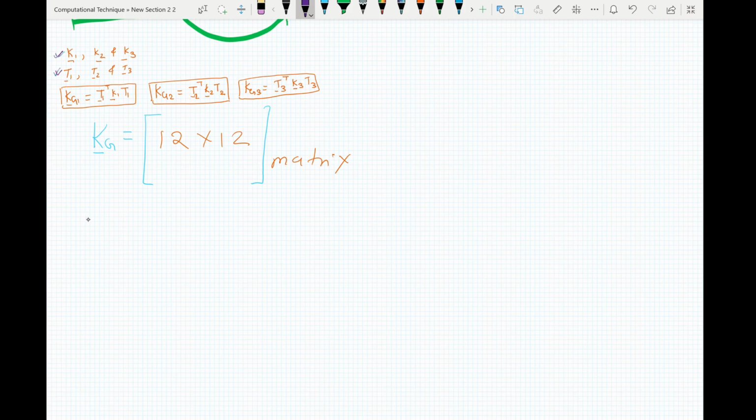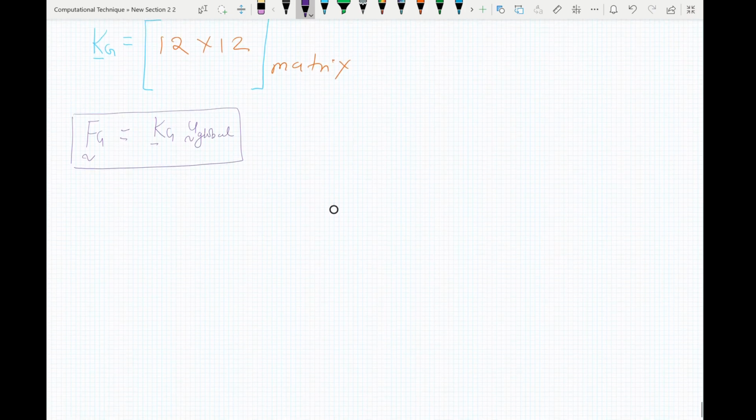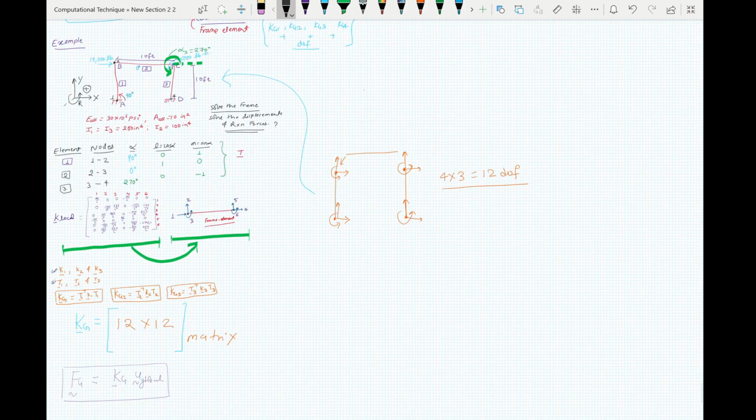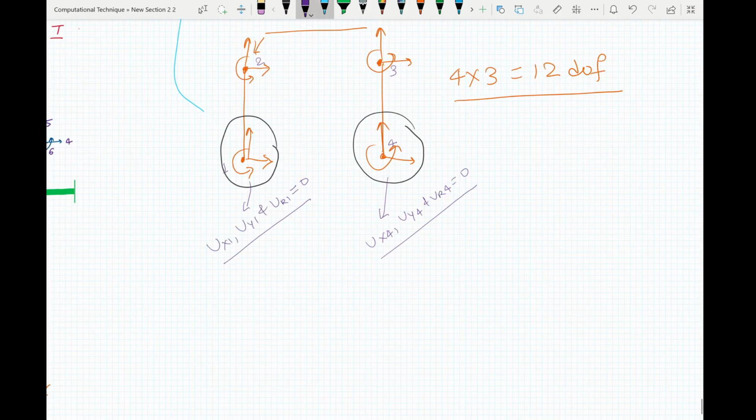Then you form your global force vector, which will be equal to your global stiffness matrix times the global displacements. And here you put your boundary conditions. Now this one and this one are fixed, so you have to solve for these displacements.